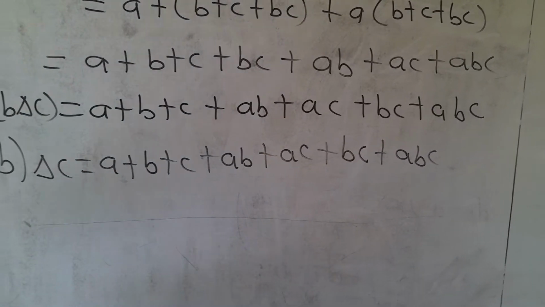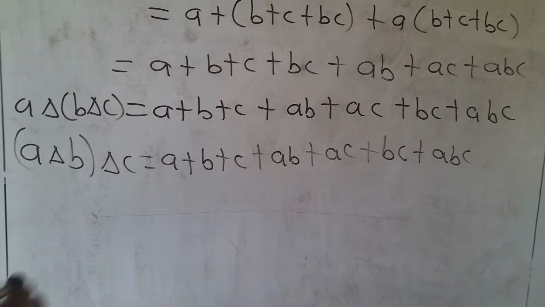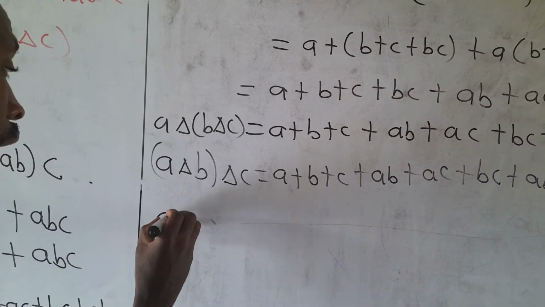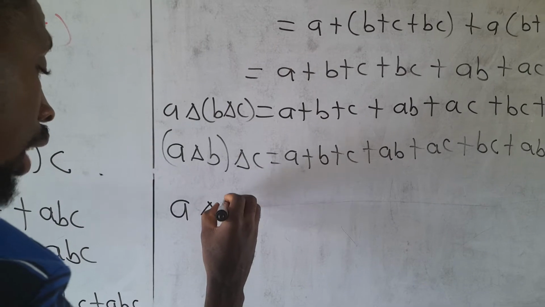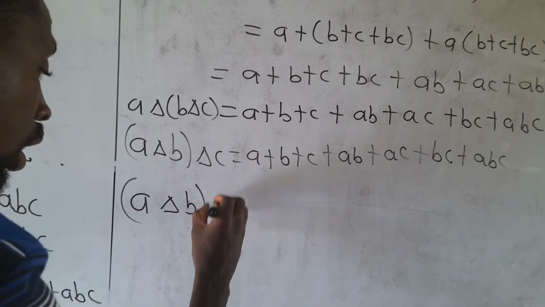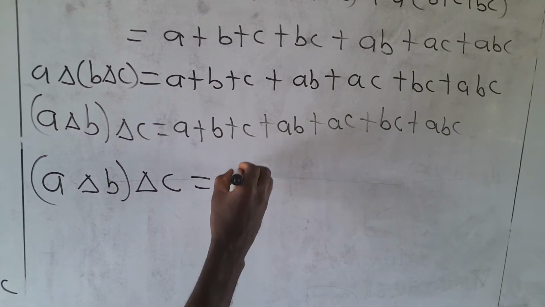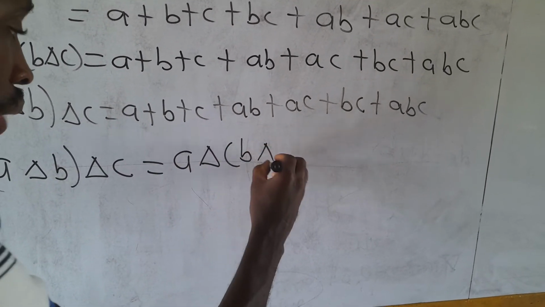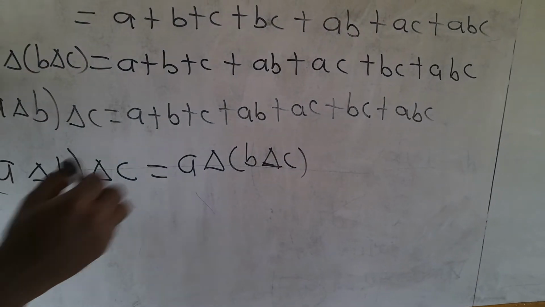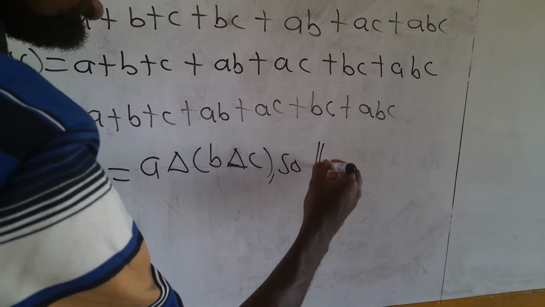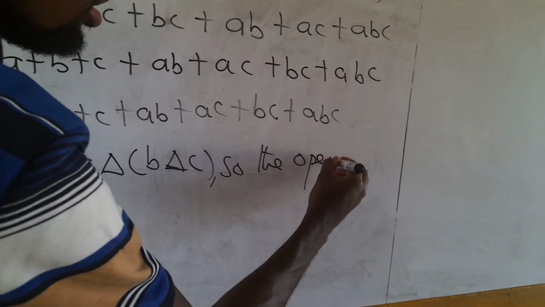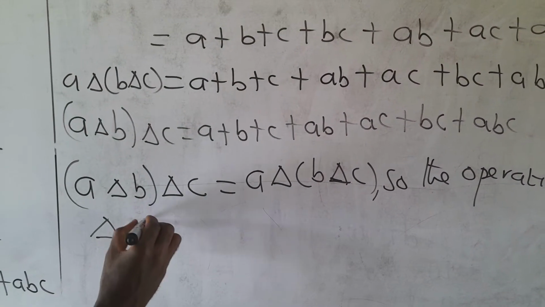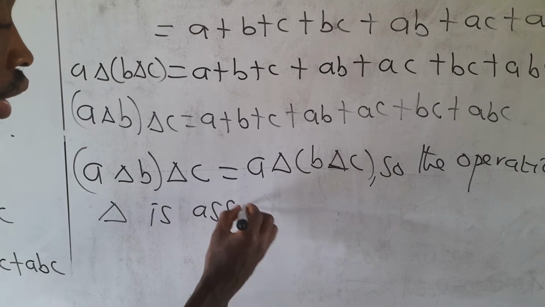So we realize that the left hand side is equal to the right hand side. So we can conclude that (A delta B) delta C is equal to A delta (B delta C). So the operation delta is associative.